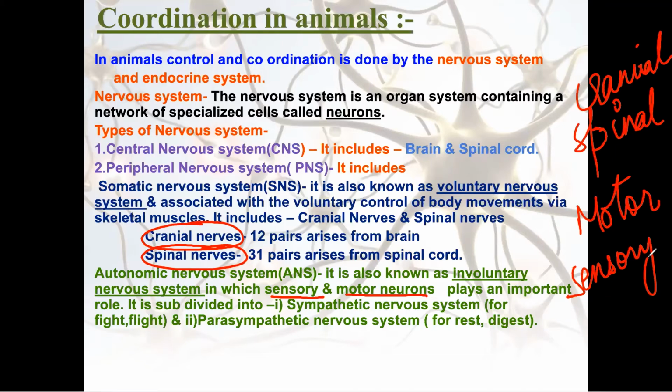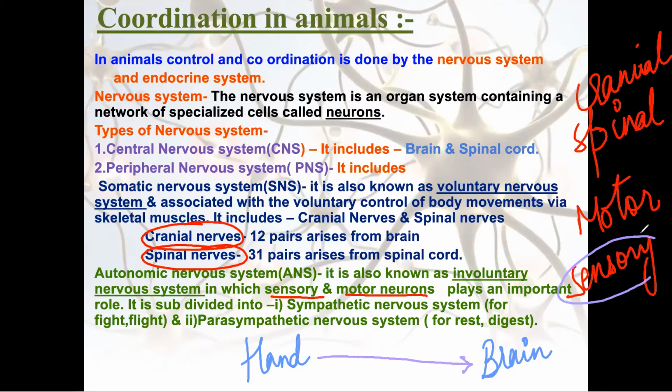Now, what's the difference between motor nerves and sensory nerves? Let me explain. Just imagine here is our brain, and let's say here is a hand, all right. When the message goes from the hand to the brain, that is through the sensory nerve.